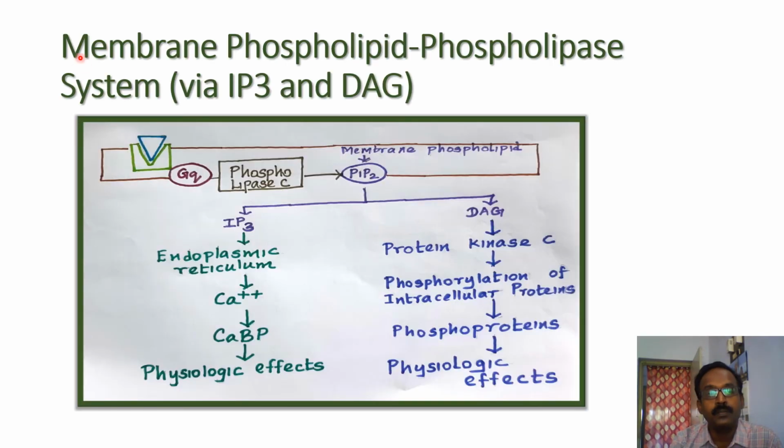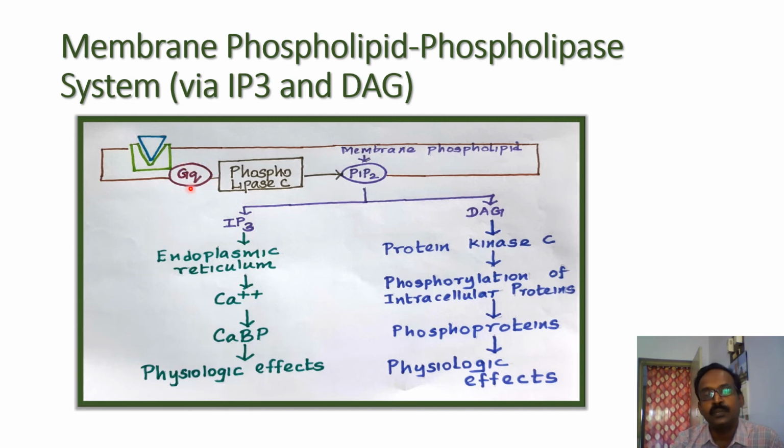Membrane phospholipid phospholipase system via the second messenger inositol 1,4,5 triphosphate and diacylglycerol. When the hormone binds with the receptor, it activates the G protein Q, GQ.